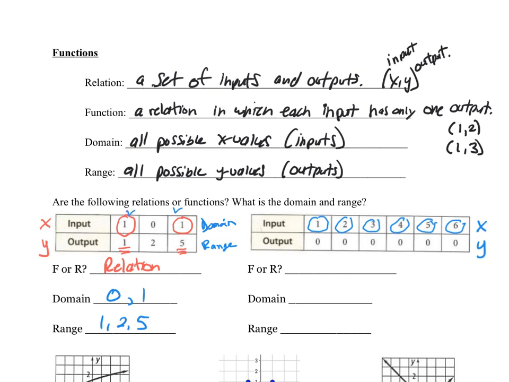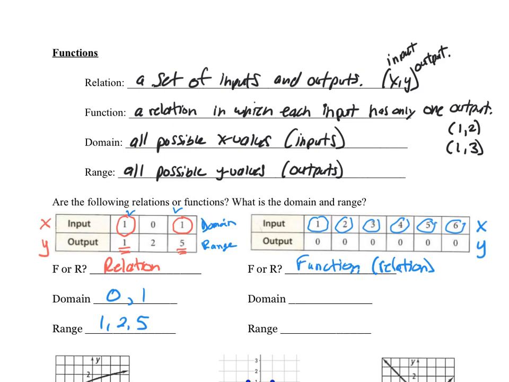So this is going to be a function. I would need to have an input that repeats in order to even possibly break the function rule. Keep in mind, this is also a relation, but a function is a better description because it's more specific.